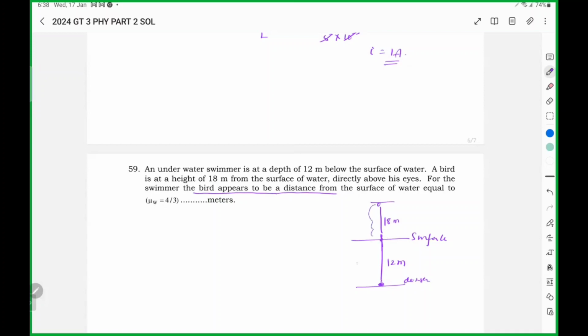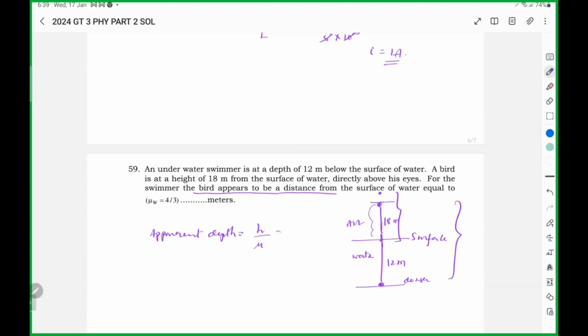When the medium changes from water to air, or any medium changes, denser to rarer, this bird will appear at more distance. The apparent depth is h by mu. Don't consider total distance only.